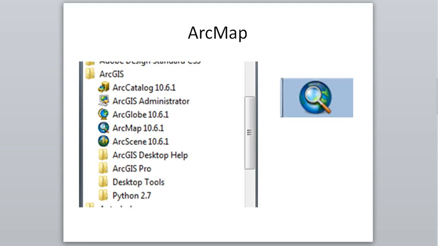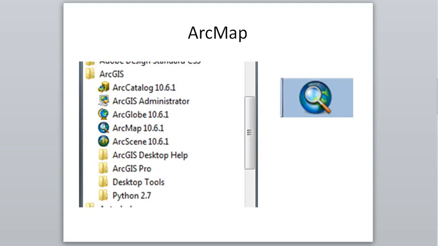When you look at the folder, either in your all programs or wherever your software is loaded, you open up ArcGIS, you're going to see several different components of the 10.6.1 software that we've installed. Most of you who have installed this program on your own have opened up ArcGIS Administrator.